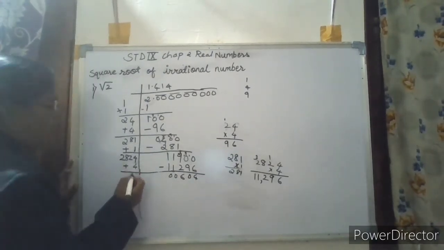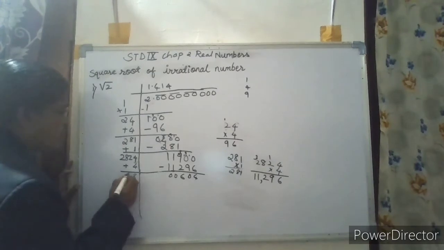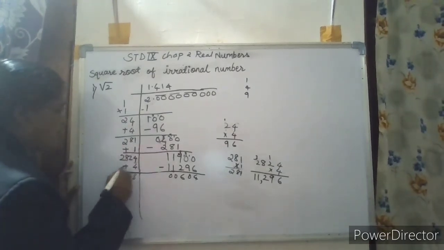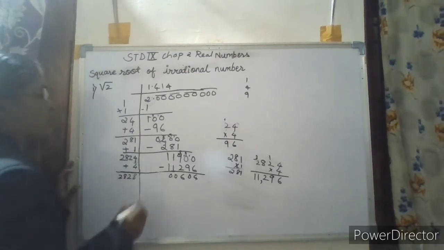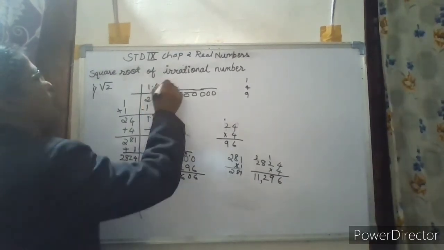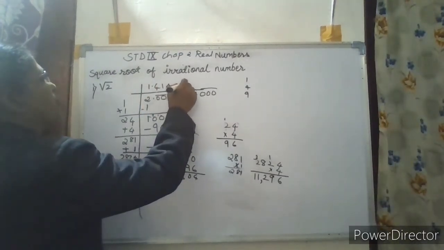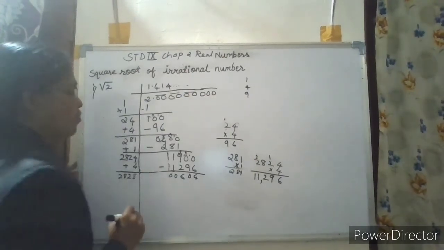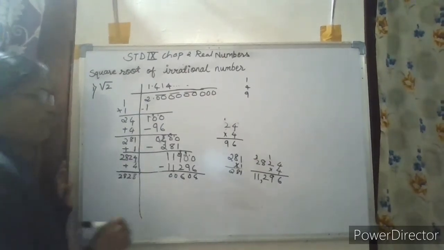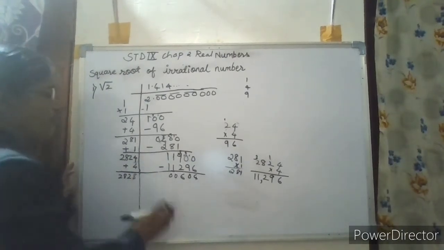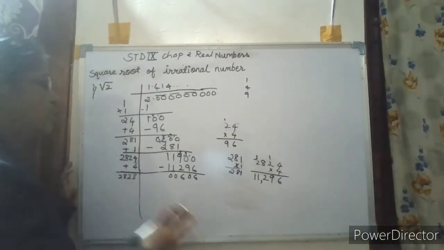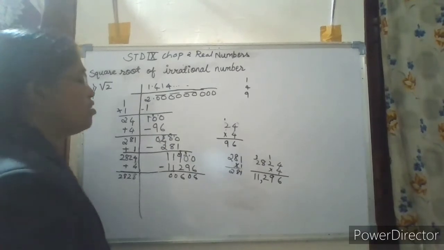Now add this. This will continue in this form. There is no end for the division here. You will never get the remainder as 0.